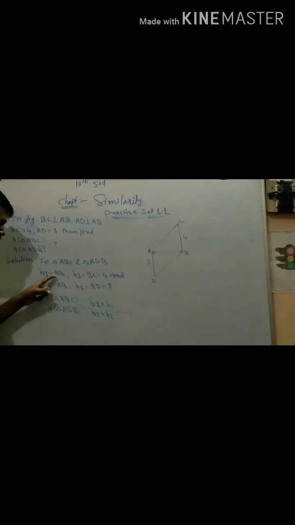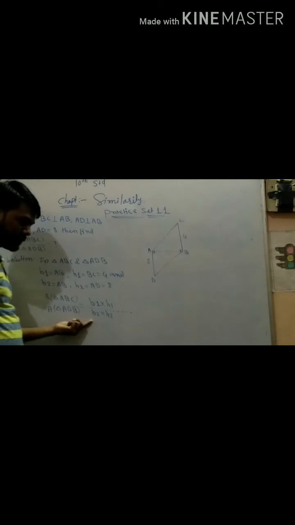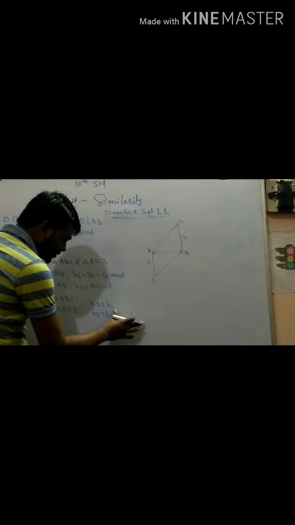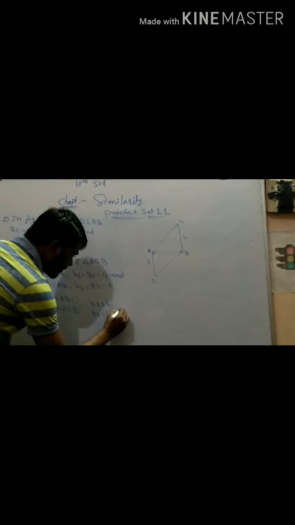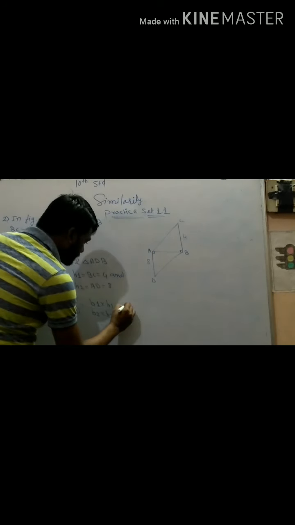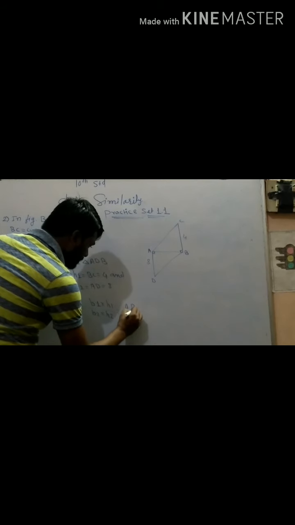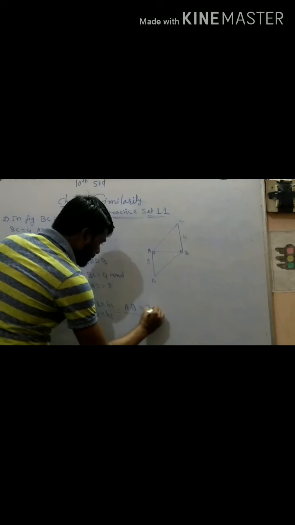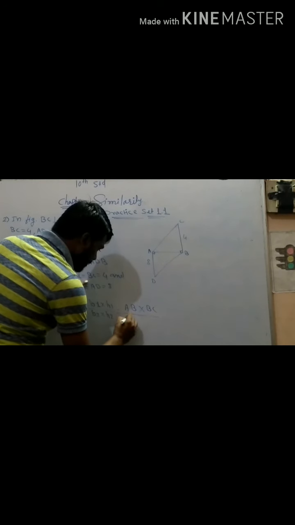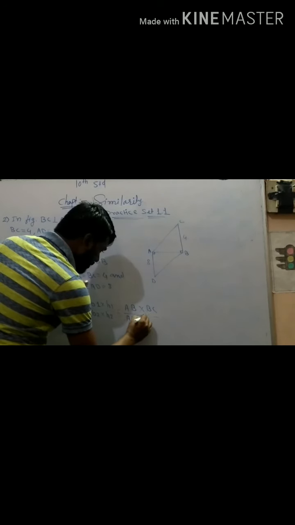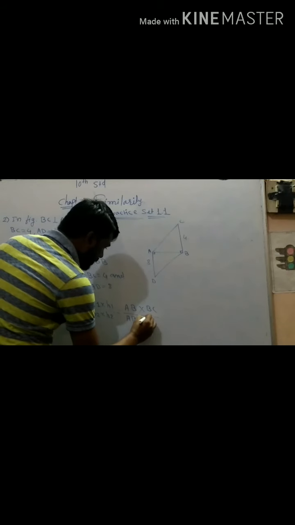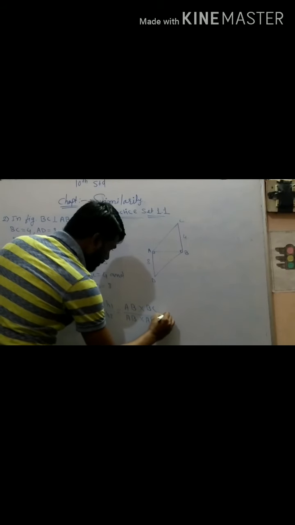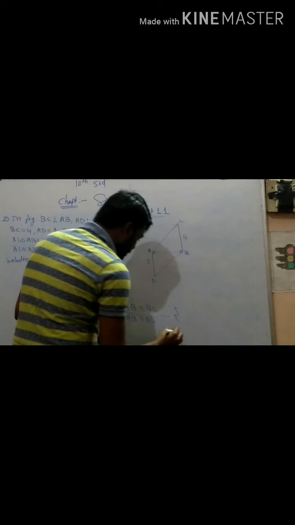There is a common base, so you need to write down the statement. Here you write AB into BC upon AB into AD.